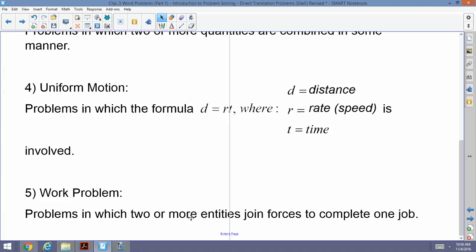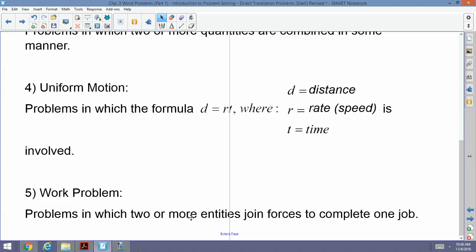So I'm going to make an executive decision to skip this part until we get to what's called rational equations. So of the 5, we're going to knock out 3. I'm excited. And those are the types of word problems that you can work with.